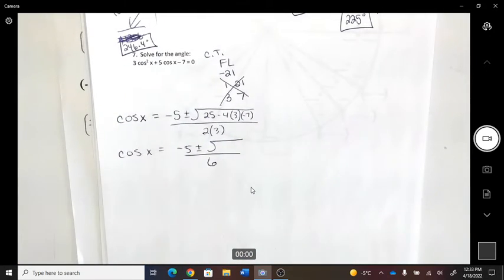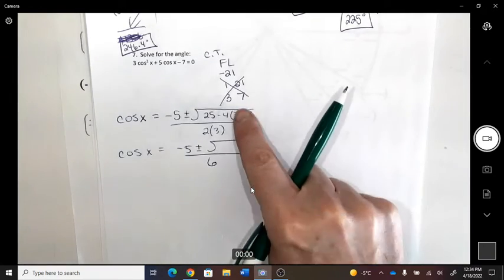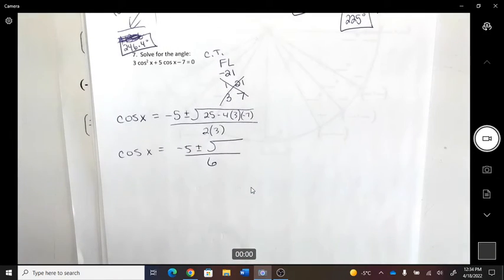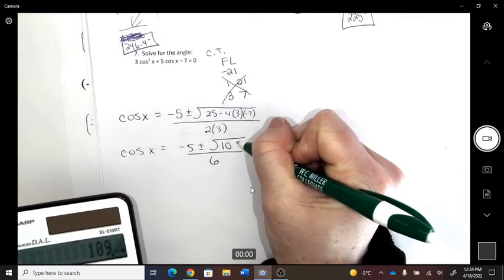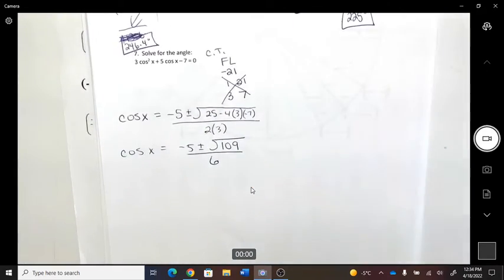Alright, so now I would just like to go to my calculator and get this square root number. So please make sure you're typing, because sometimes on this quadratic formula, the typing in your calculator is half the battle.